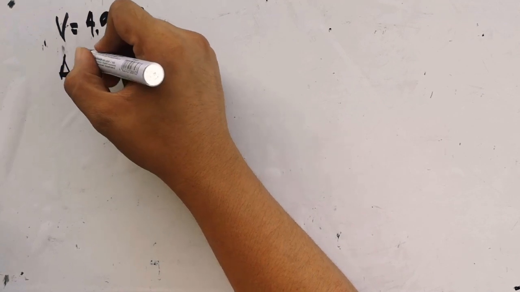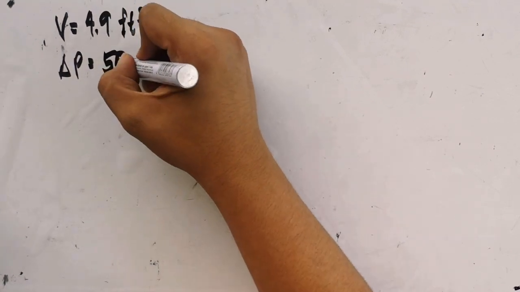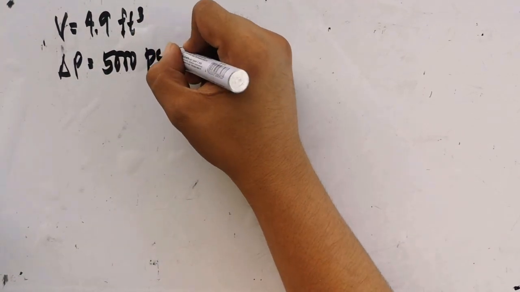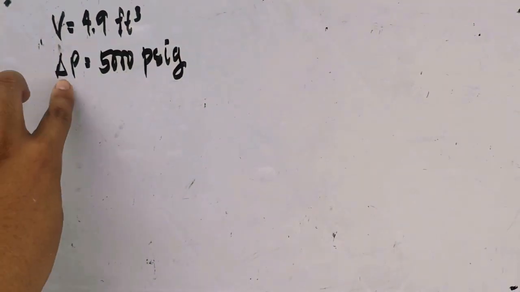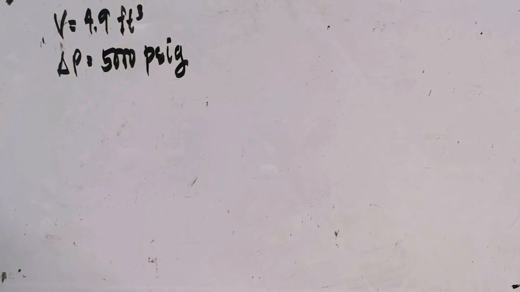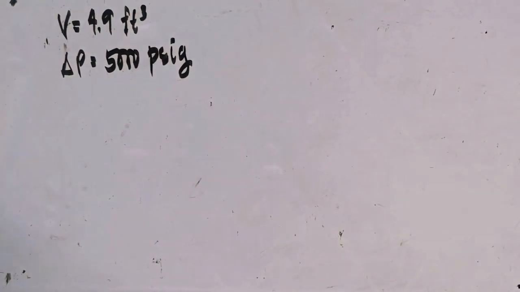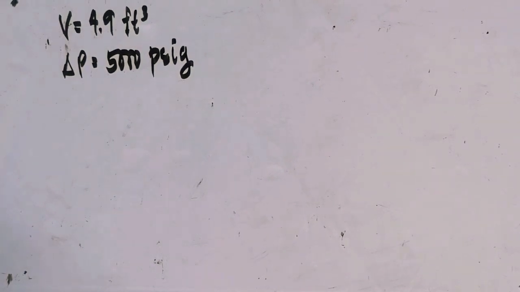That means our delta P is 5,000 PSIG, or gauge pressure, PSI. Why delta P? Because we compressed it. Initially it is usually 0, and the final pressure is 5,000. We compressed it to 5,000, meaning we have a change of pressure of 5,000 PSIG.